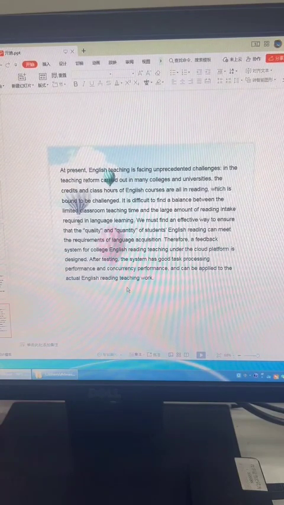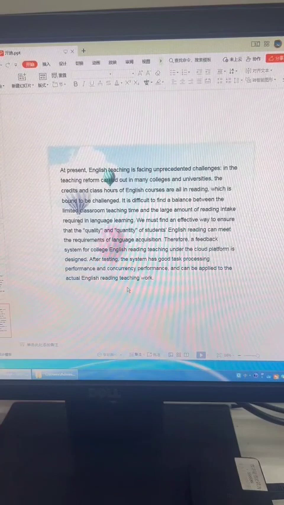At present, English teaching is facing unprecedented challenges. In the teaching reform carried out in many colleges and universities, the credits and class hours of teaching of English courses are all in reading, which is bound to be challenged.